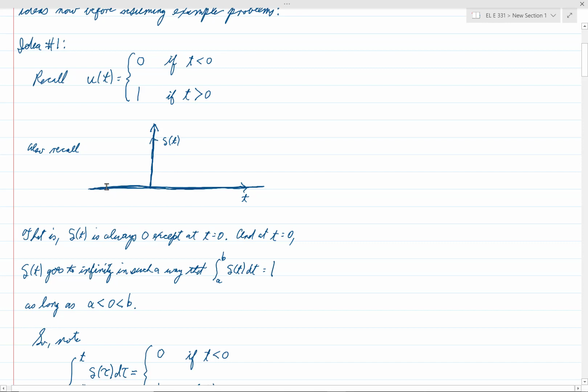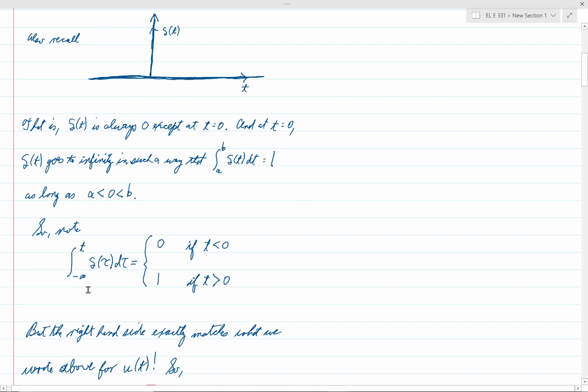It is equal to 0 when t is less than 0, equal to 0 when t is greater than 0, but when t is equal to 0, it goes to infinity, and it goes to infinity in such a way that the integral from a to b of delta of t dt is equal to 1, as long as a is any number less than 0, and b is any number greater than 0.